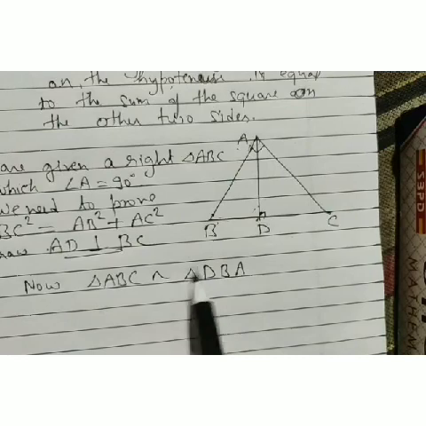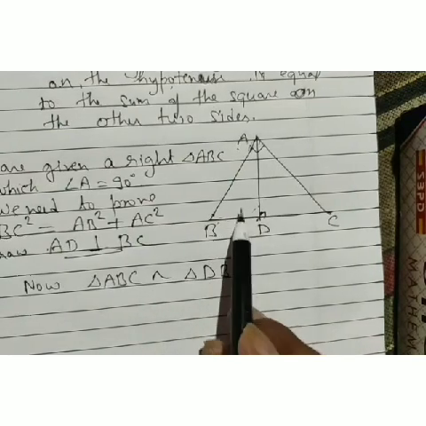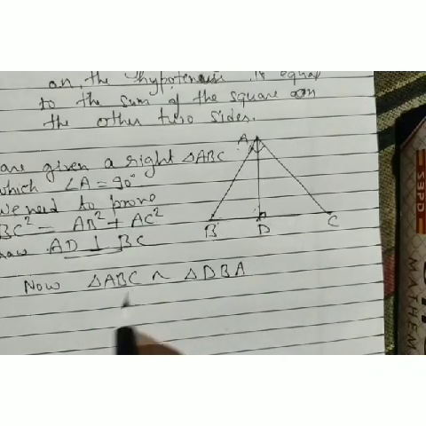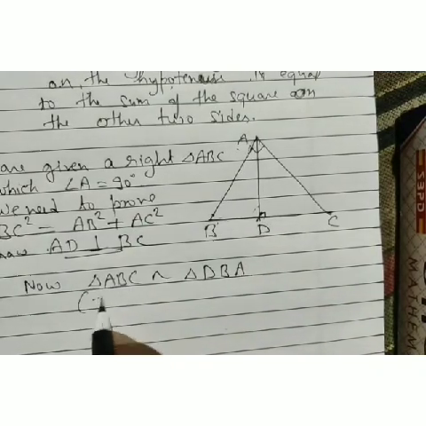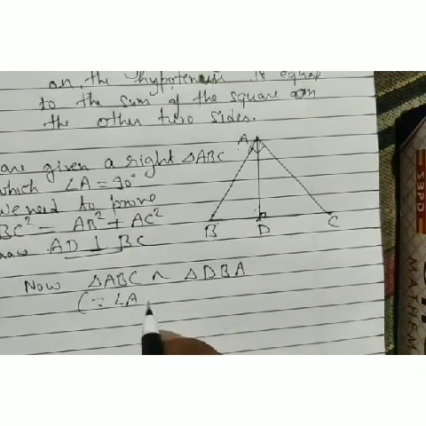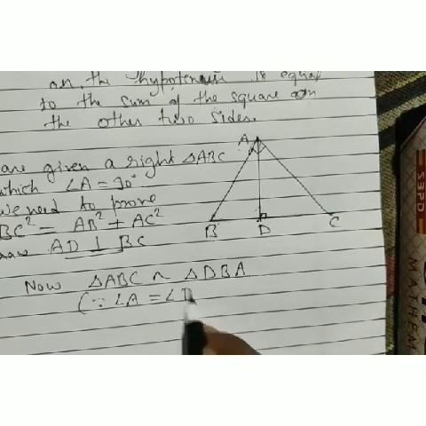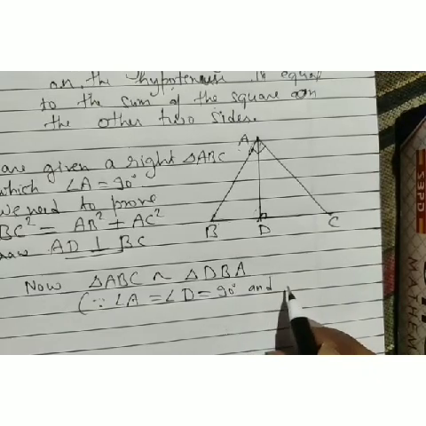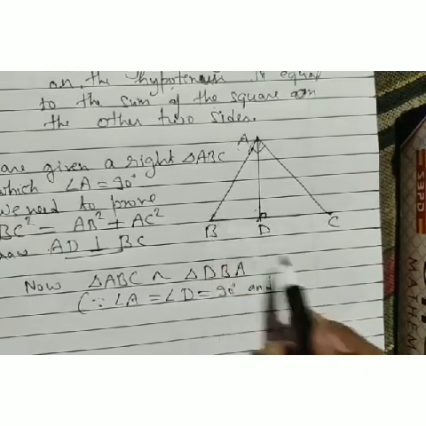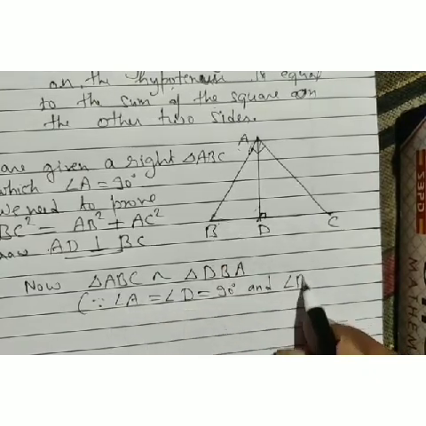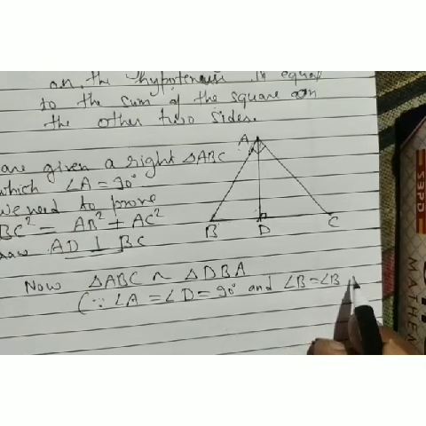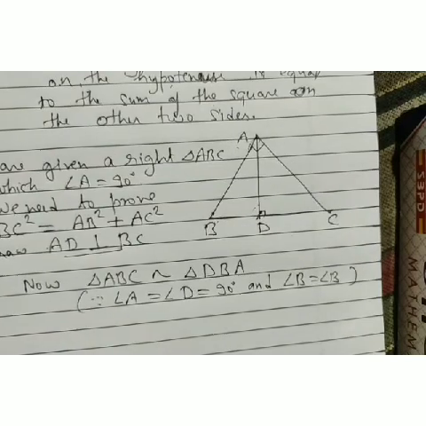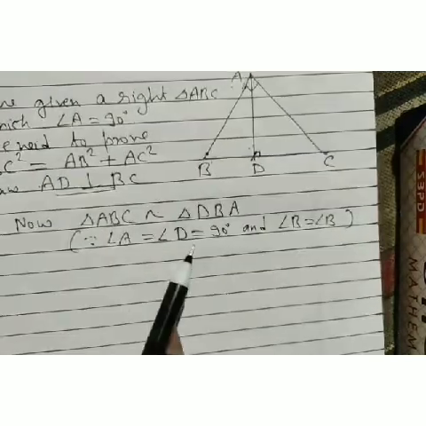In these triangles, angle A and angle D are both 90 degrees. Since angle A equals angle D, both are 90 degrees, and also angle B is common, angle B equals angle B. By the angle criterion, these triangles are similar.